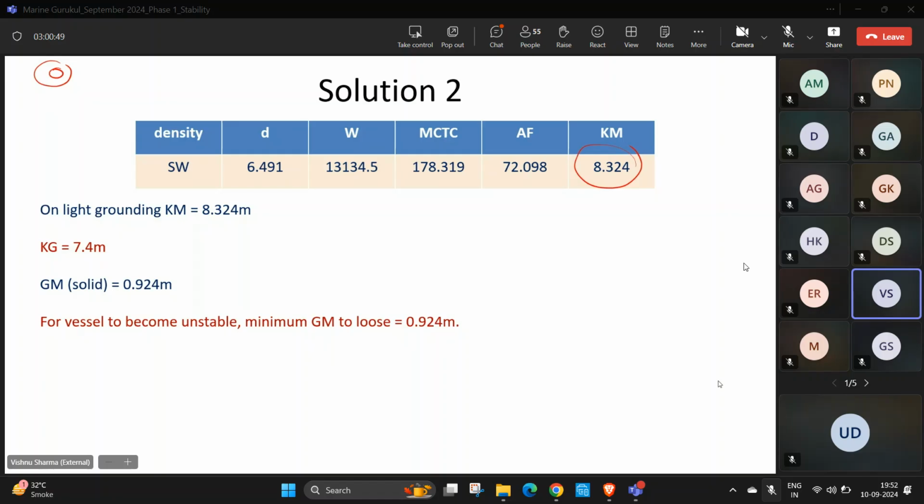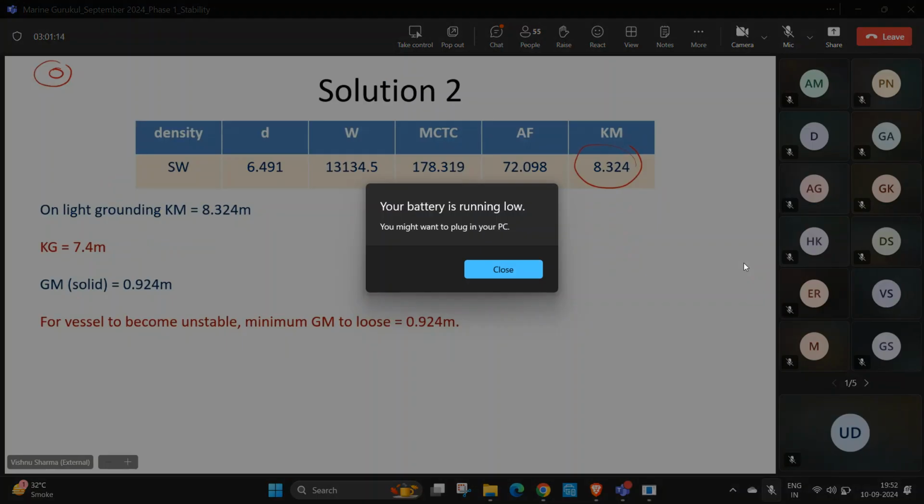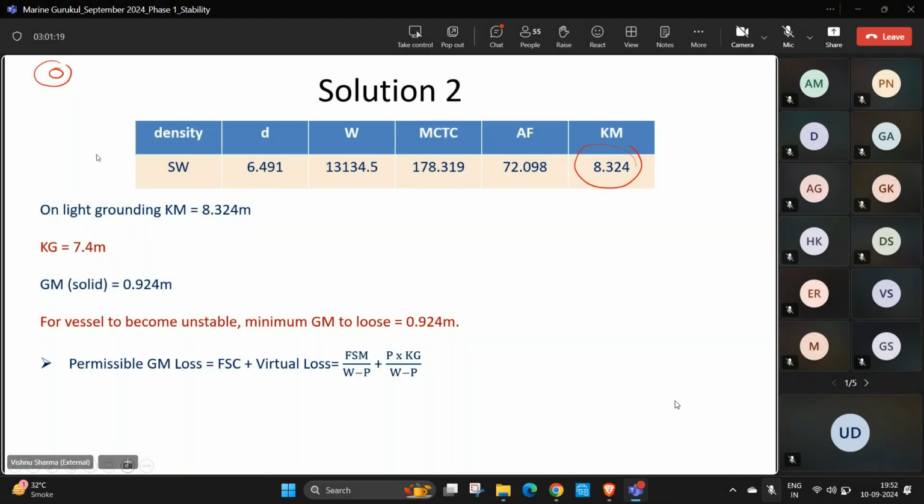Two people have validated. How about others? Please let me know once you get it, because if I show you, then you will not know whether you knew it or not. So please calculate P so that you are able to lose GM of 0.924. 1325.8 tons, correct, guys? Is that right?